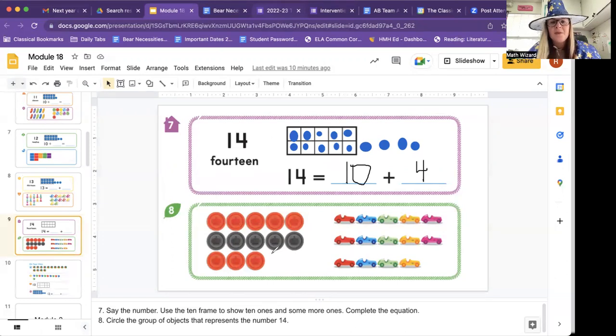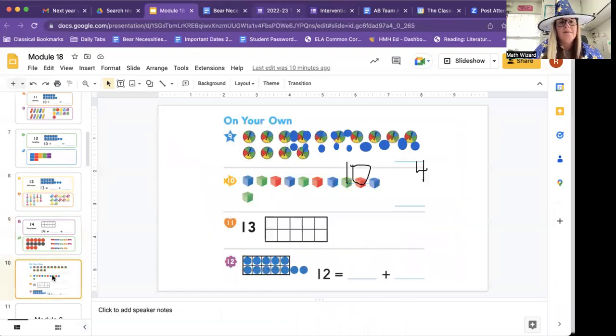All right, good job. And now you're going to count these again. You're going to count each set, and then circle the group that is 14. Okay? Pause this while you do that, okay?